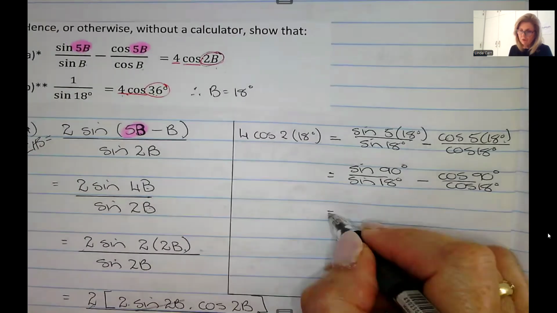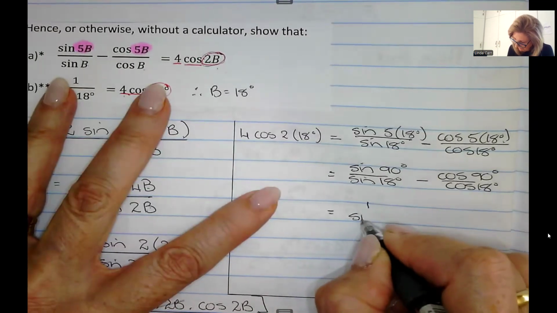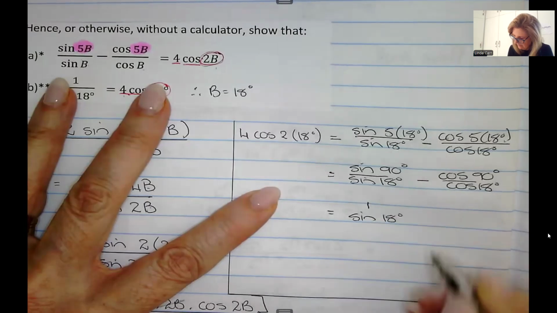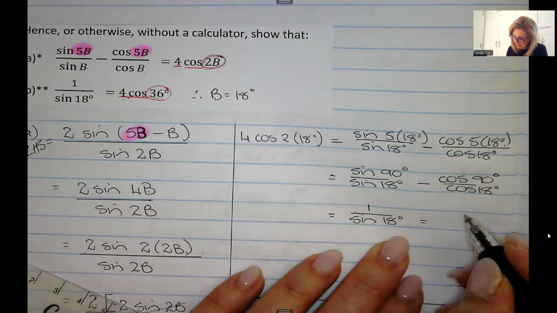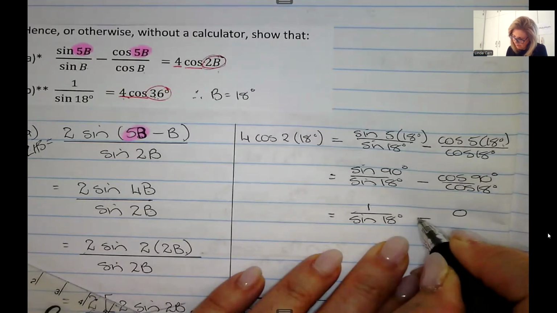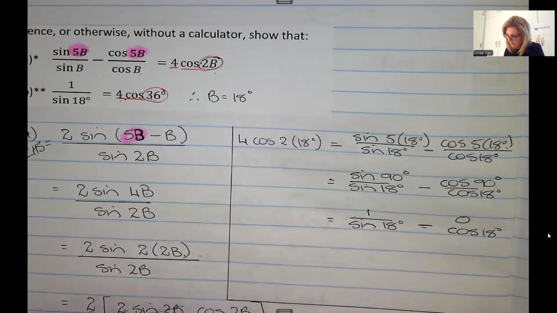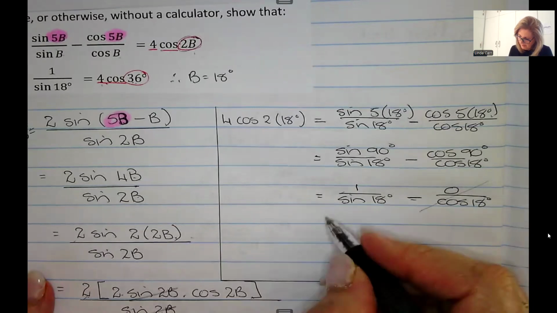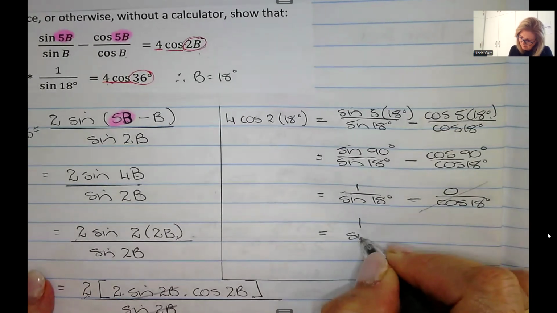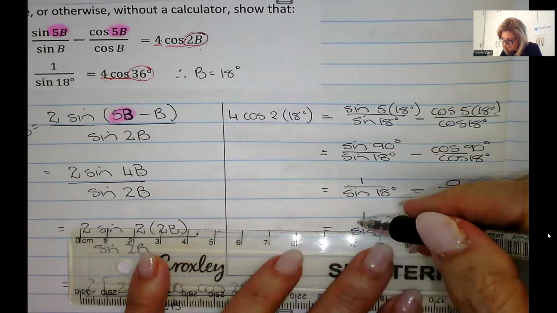In case you're not sure, sine of 90 is 1. Cos of 90, luckily for us, is 0. And so that whole second term falls away, and we're left with 1 over sine 18, which is what we were expected to prove.